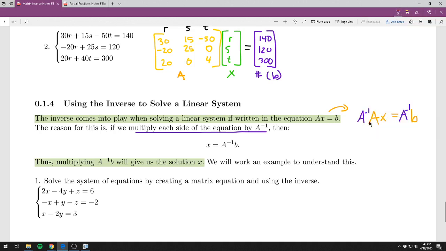Then what happens is this stuff right here, when we multiply a times a inverse like we saw last section, a matrix times its inverse is I, the identity matrix. So if we plug that in, we get I times x equals a inverse times b.